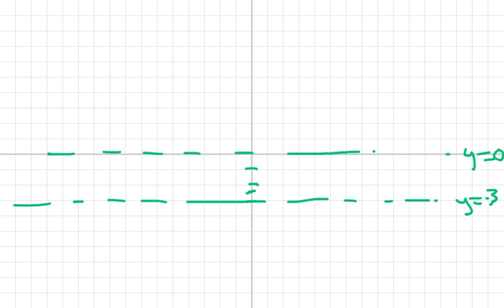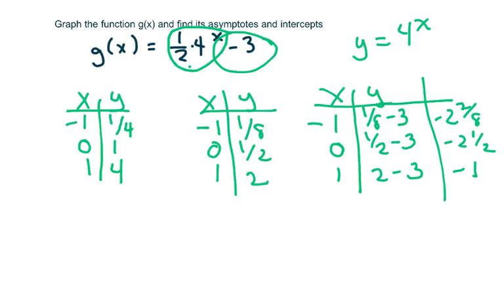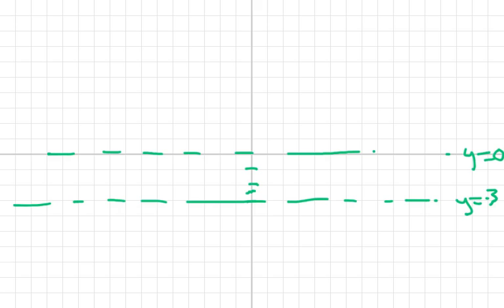And I have, let's see what I have here. 1 goes to negative 1. And 2, what would 2 go to? Let's see. And then it's going to go up like this.